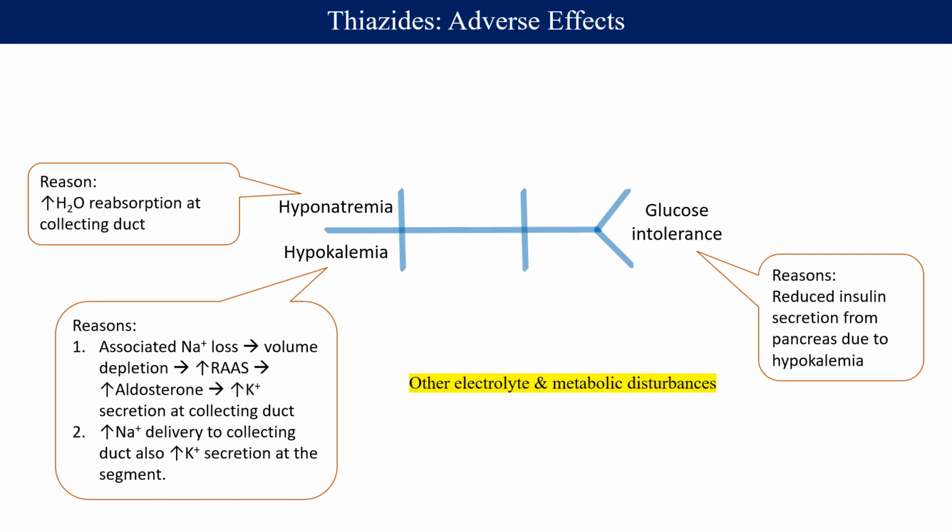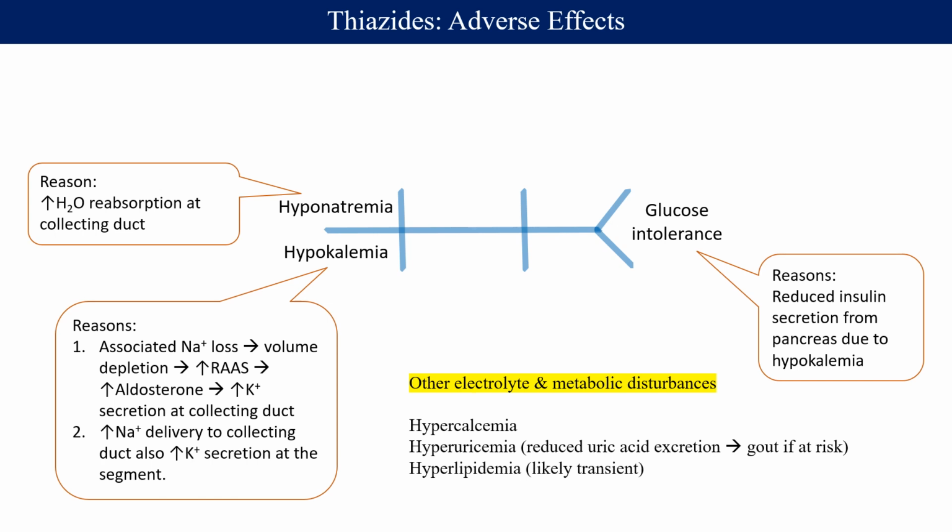Other electrolyte and metabolic disturbances include hypercalcemia due to increased calcium reabsorption at both proximal tubules and distal convoluted tubules, hyperuricemia due to reduced uric acid excretion, which increases risk of gout precipitation in susceptible individuals, and hyperlipidemia, although this is thought to be a transient effect only.